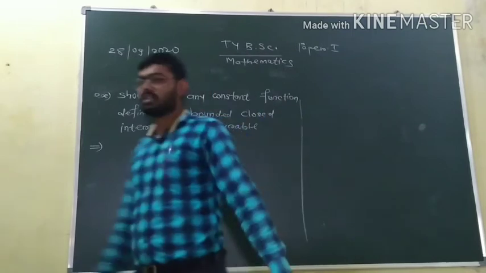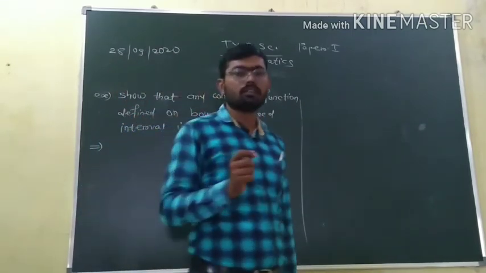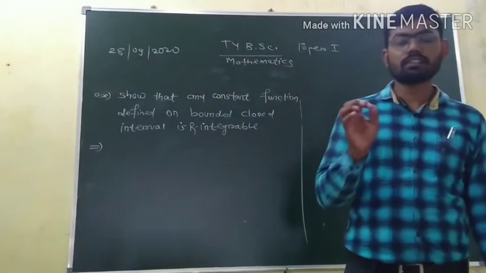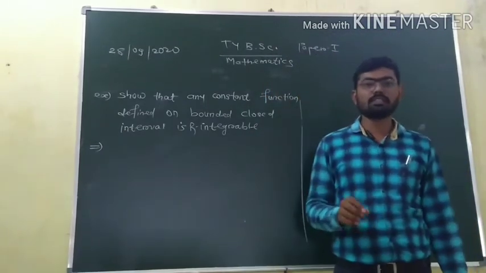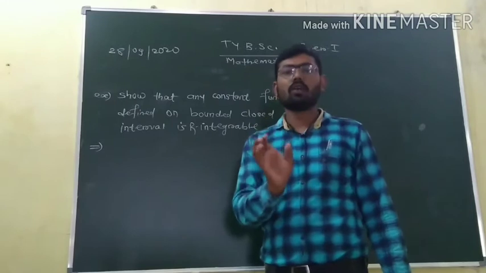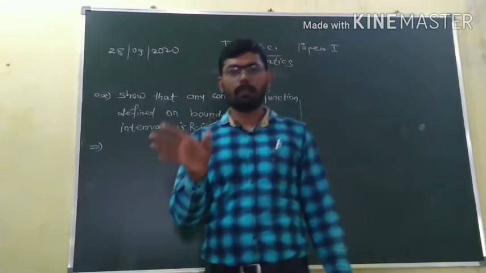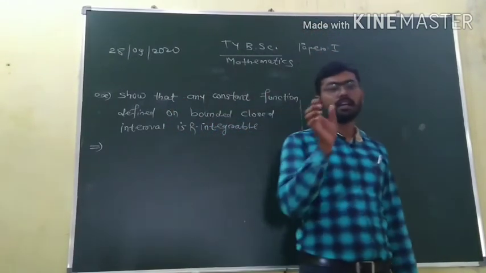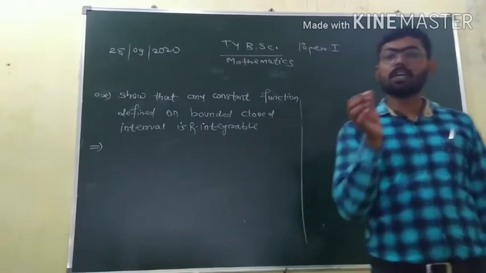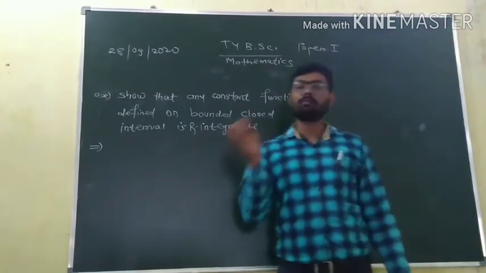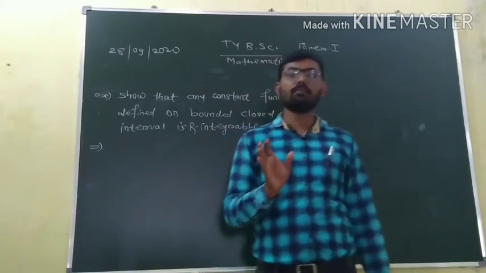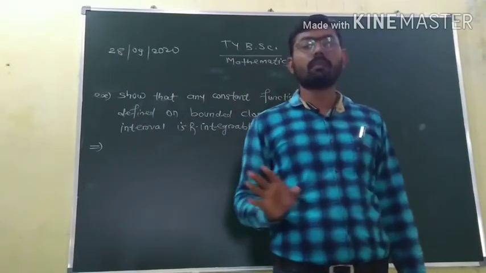So how to prove some function is Riemann integrable? To prove a function is Riemann integrable, till now we know only one condition, that is, prove that the lower integral is equal to the upper integral. So for finding the lower and upper integral, you have to first find the lower sum and upper sum, and to find the lower sum and upper sum, we have to take some arbitrary partition.